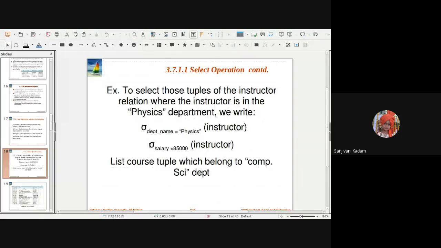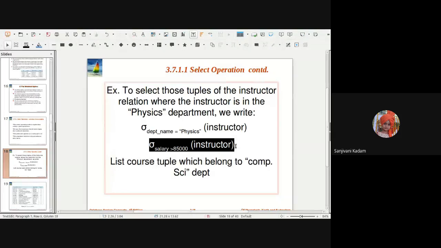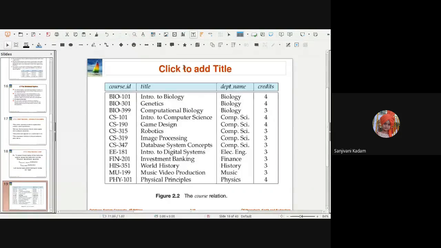So here we can apply the condition, a predicate, based on the department name. Am I saying clearly that I need computer science?